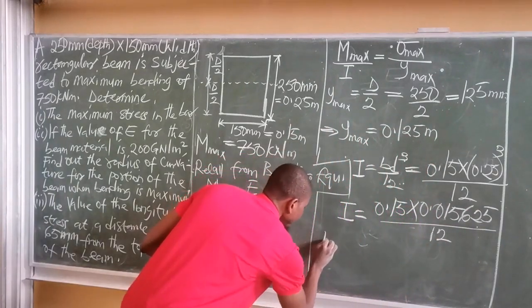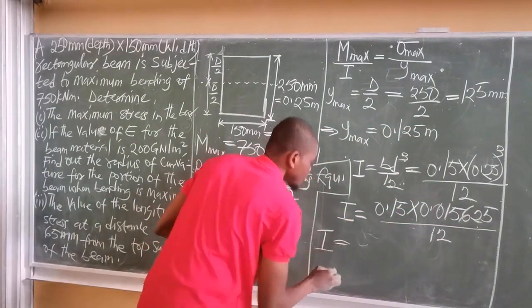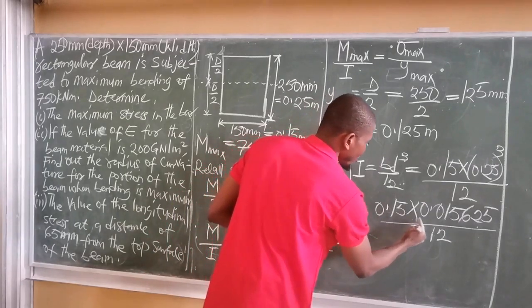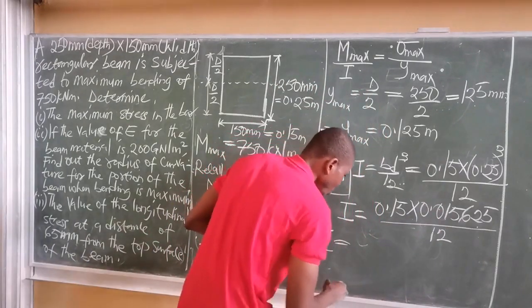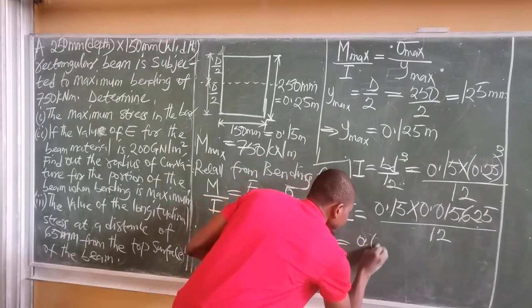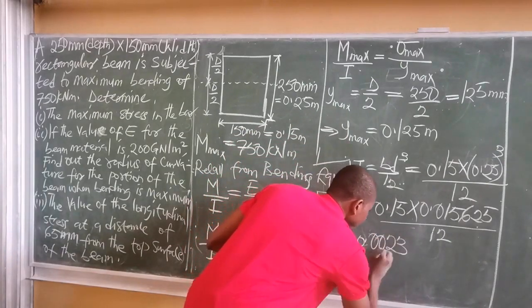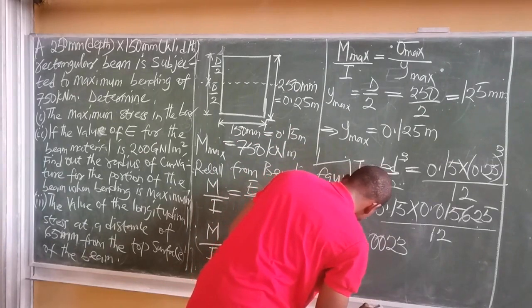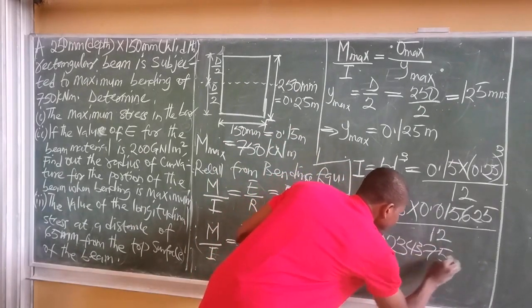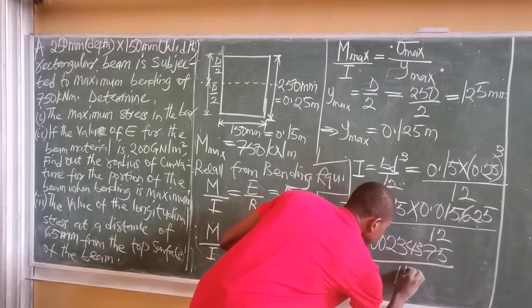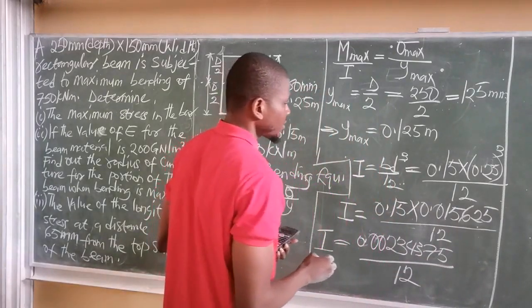So 0.15 multiplied by 0.015625 we have 0.00234375, all over 12.